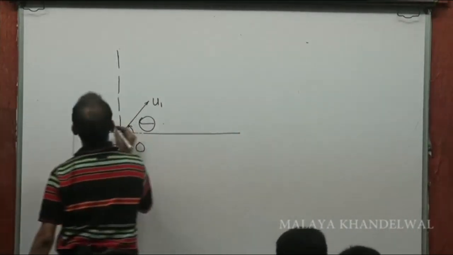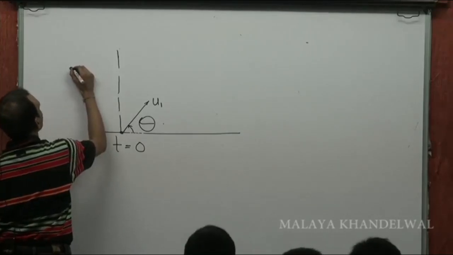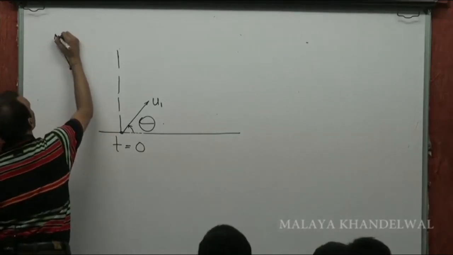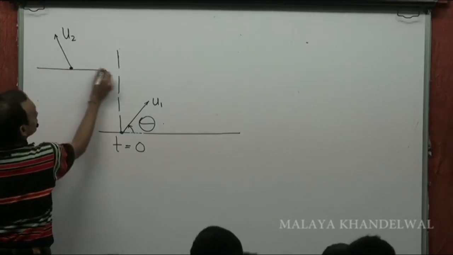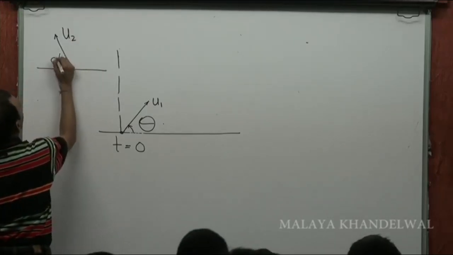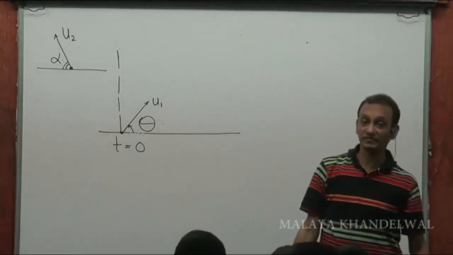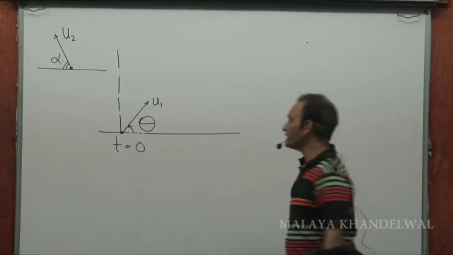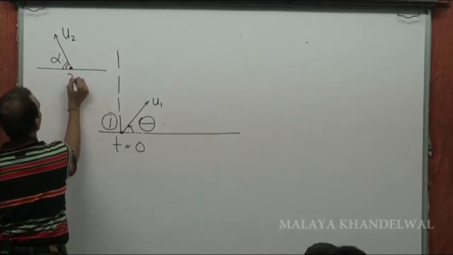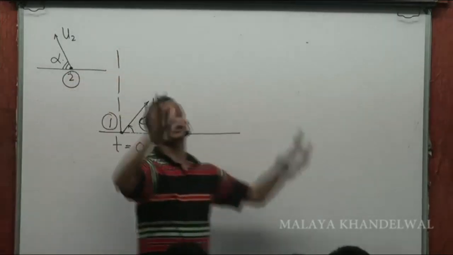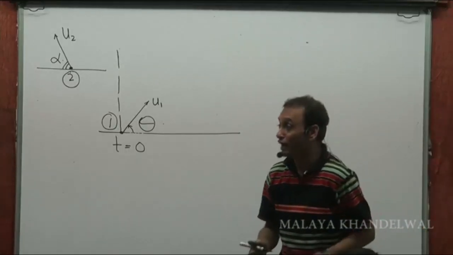And at this instant of time, there is another particle which is launched with a velocity u2, say making an angle alpha with the negative direction of the x-axis, say, right? This is particle 1 and this is particle 2, both vertically launched, under the influence of gravity.